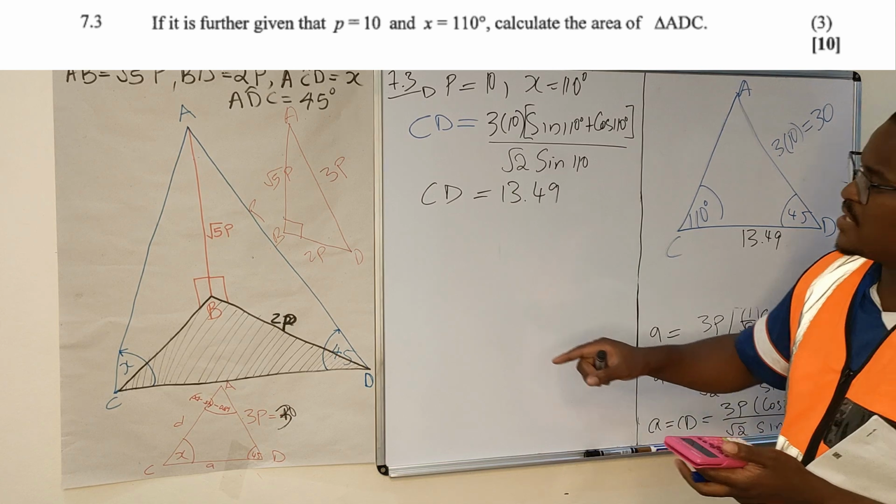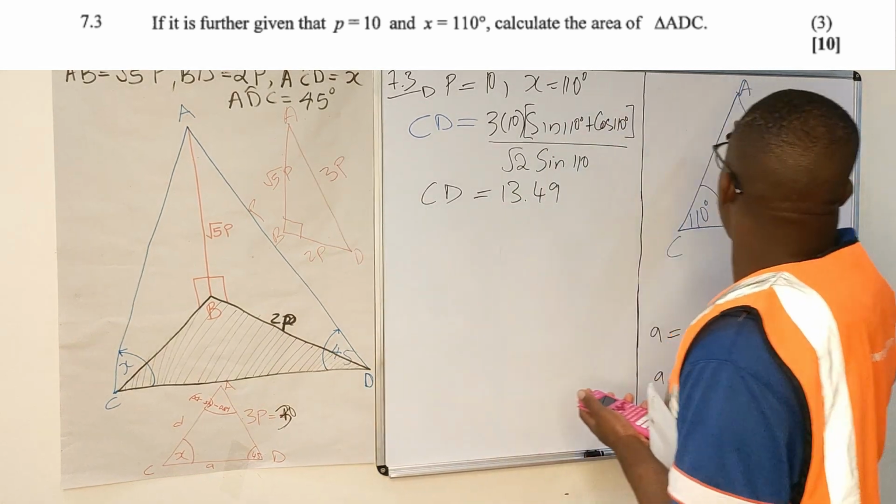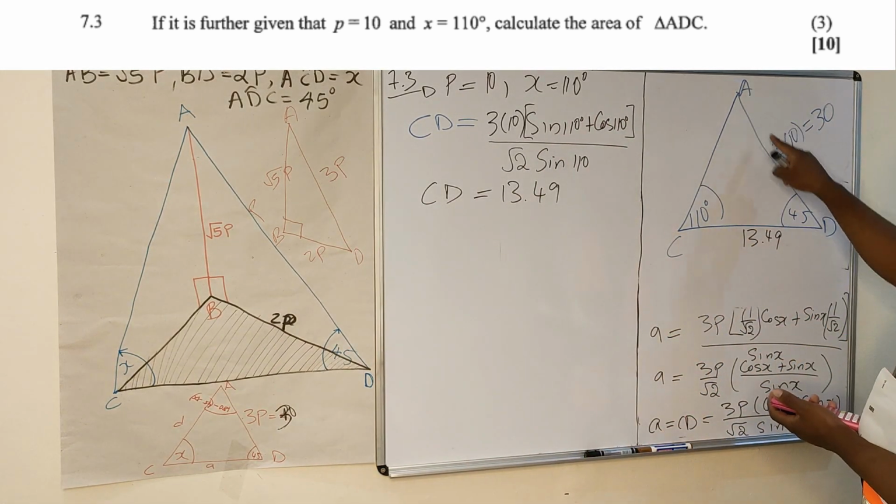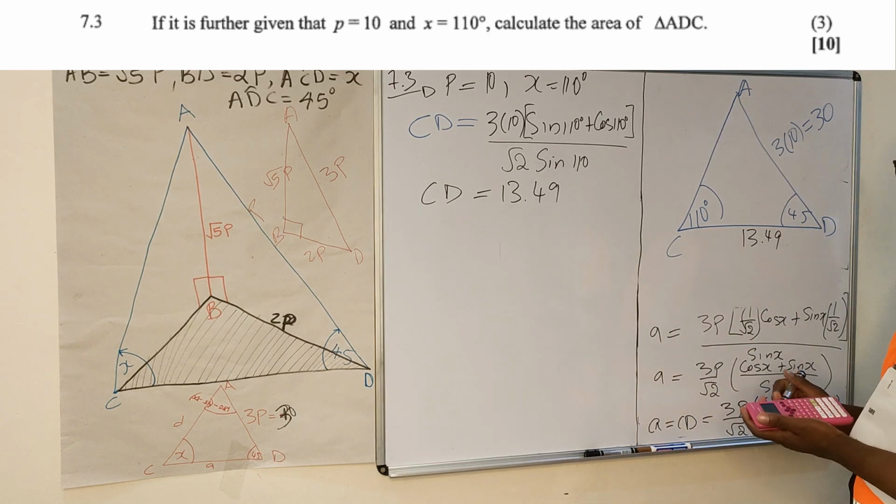So now if you want the area of your triangle, it's going to be half this side times this side, sine of the angle between them.